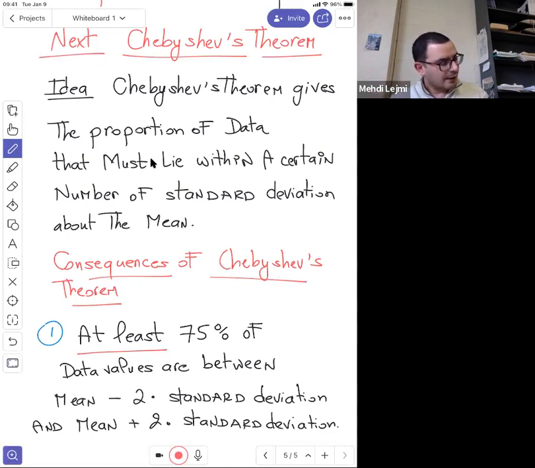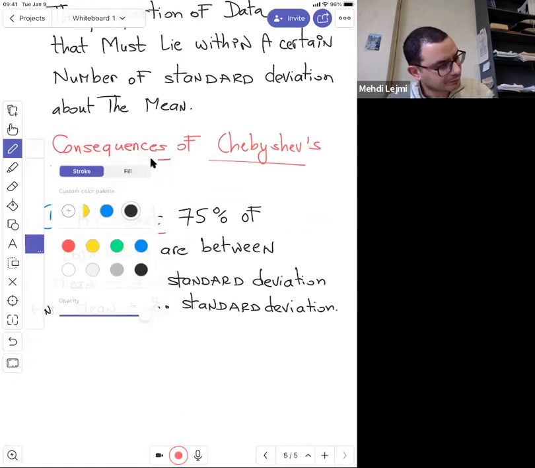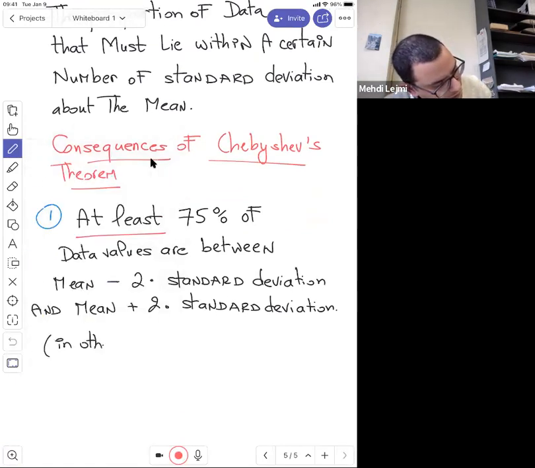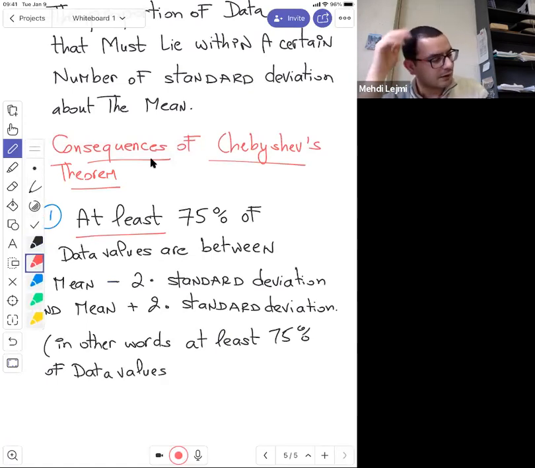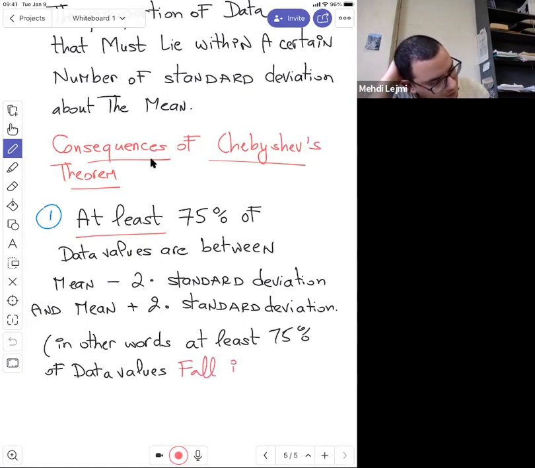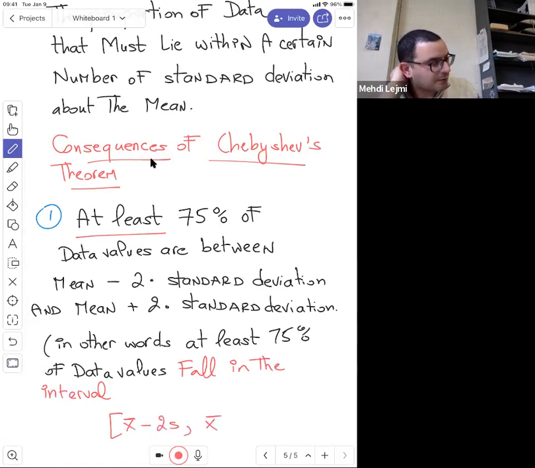So in other words, Chebyshev's theorem is going to tell you that at least 75% of data values fall in the interval: the mean x bar minus 2s and the mean plus 2s.